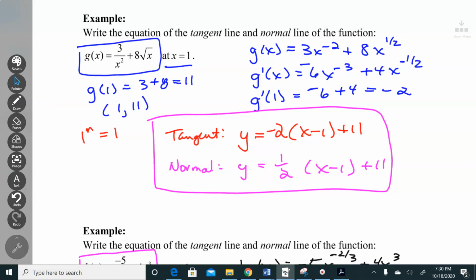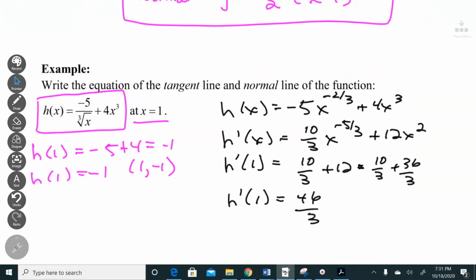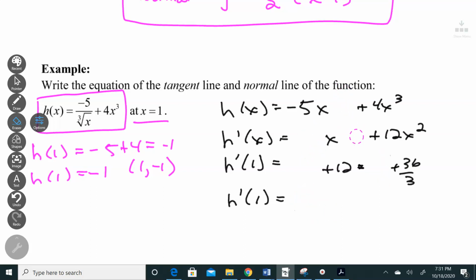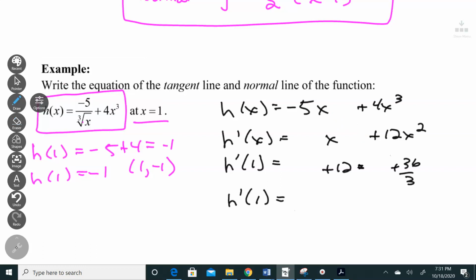Okay, now my other mistake. Lots of mistakes. Be nice if I wrote this correctly. This is not x to the negative 2/3.